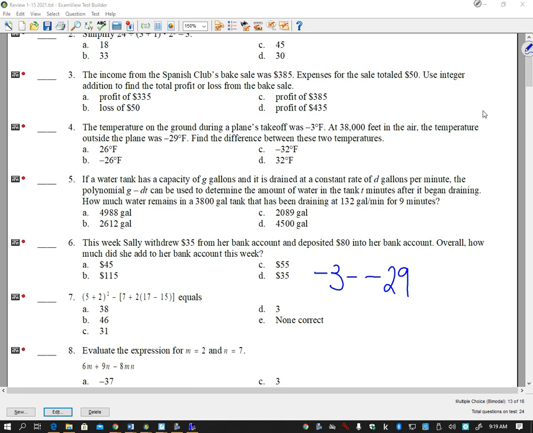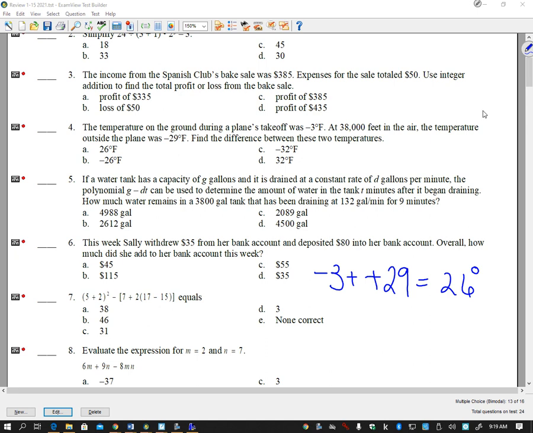Okay, what happens with those two negative signs? It becomes a positive. Okay, so I have -3 plus 29, or you could say to yourself, what's 29 minus 3? Okay, 26. So the difference is 26 degrees. Okay, the difference is 26 degrees.